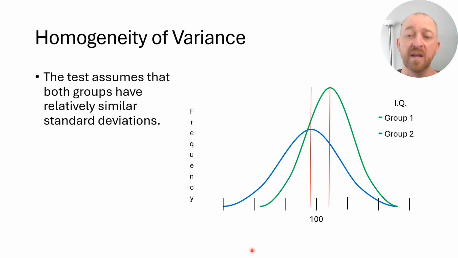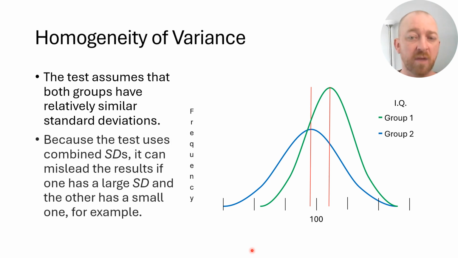And so what the t-test concludes may not necessarily be accurate. The problem is especially that it pools the standard deviations, or combines them in the equation, as we talked about. Now the leptokurtosis is kind of being canceled out by the platykurtosis, and the t-test doesn't know the difference.